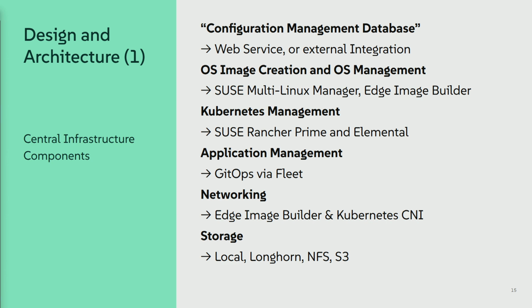Now, what we've done for Kubernetes is probably not a surprise. We used SUSE Rancher Prime and Elemental. So we have an integration into Suma, an integration into SUSE Multi-Linux Manager and into Elemental, so that we can do both workflows. So think about it that way: if Elemental fails or SUSE Multi-Linux Manager fails, you still have one way of doing things, right?